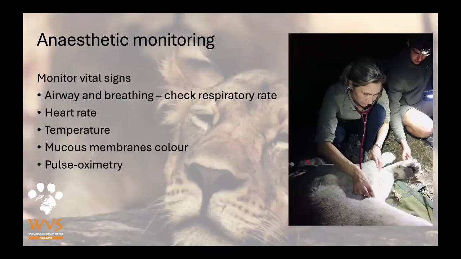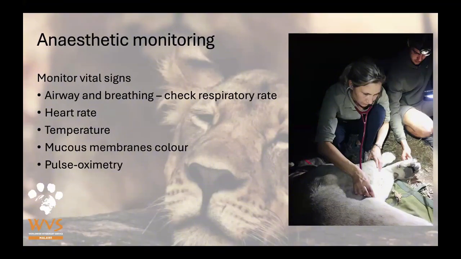First thing is always to check the airway, especially if the animal might have vomited while it fell asleep. Once we know the animal is properly asleep, you open the mouth and make sure that there is no food inside the mouth that could cause aspiration pneumonia. And then you check the breathing, respiratory rate, regular heart rate, and the temperature regulation.